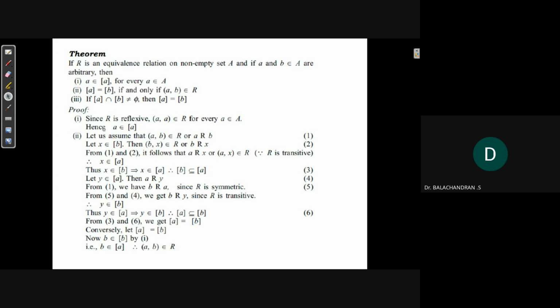The second one: the equivalence class of A equals the equivalence class of B if and only if (A, B) is in R. So how to prove this one? I will just give the outline.